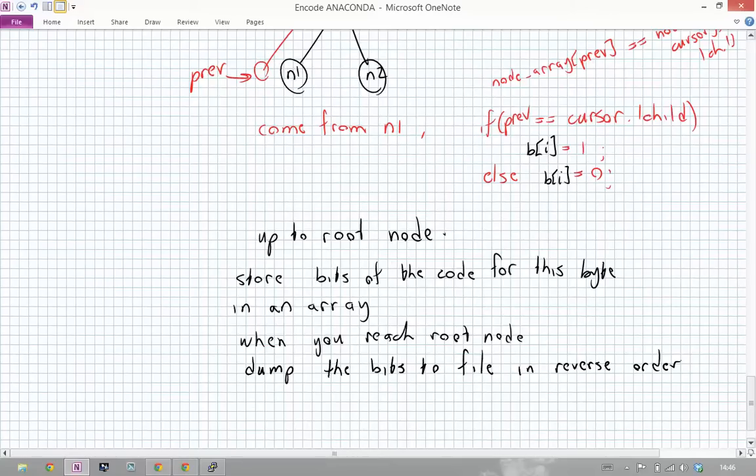And the only way I'm going to be able to decompress it, as I think you both are getting at, is to start at the root and go down. Because if I start at a leaf, the code doesn't really help me. It doesn't tell me how to go. All I can do is follow parents all the way up. So I need to dump them in reverse order so that I can decompress.